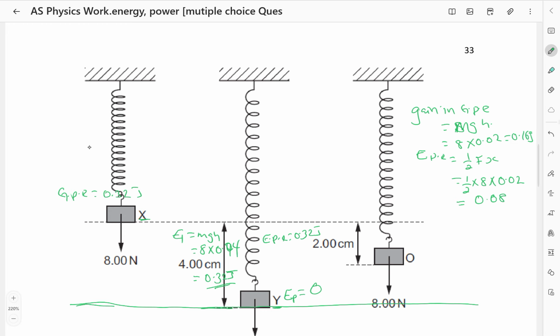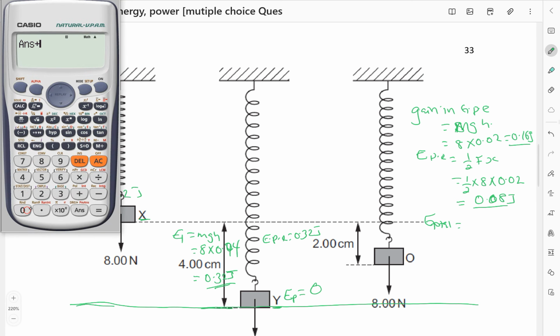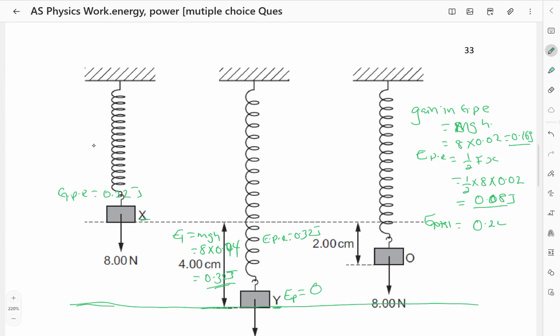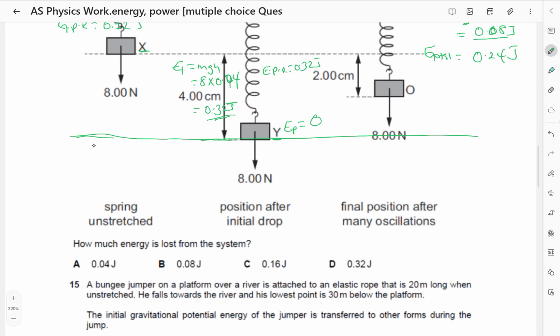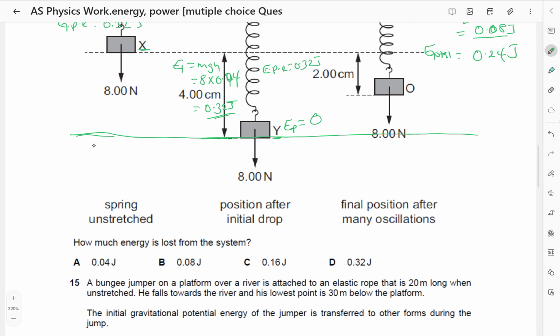So the gain in gravitational potential energy is 0.16 and the elastic potential energy is 0.08. The total energy is the sum of these two: 0.08 plus 0.16, which gives us 0.24 joules. But the question is asking how much energy is lost from the system.